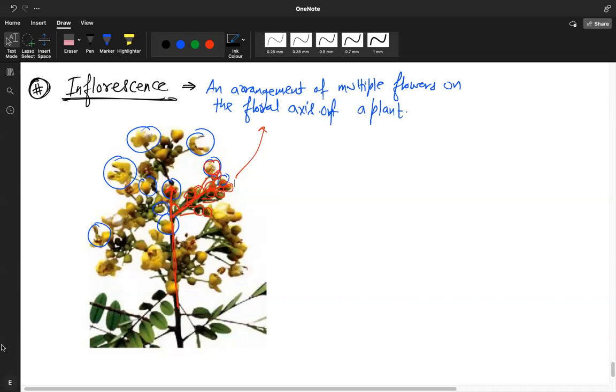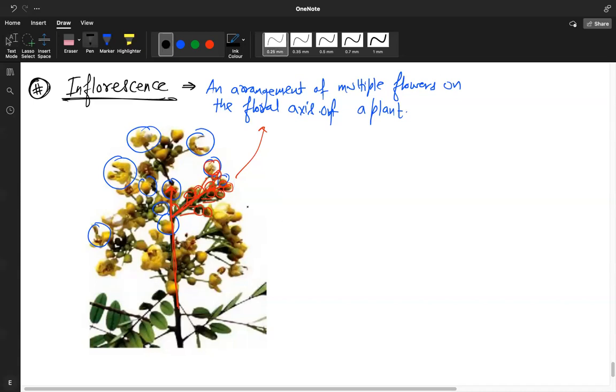If it is one single flower, then it's a solitary flower. It's called a flower. Okay. And if you have an inflorescence, then of course each individual flower will be small, but will be a part of a big group. I hope I'm audible, right?